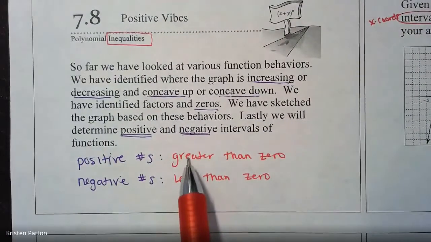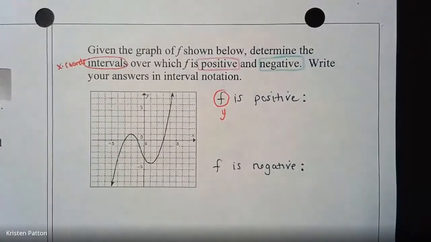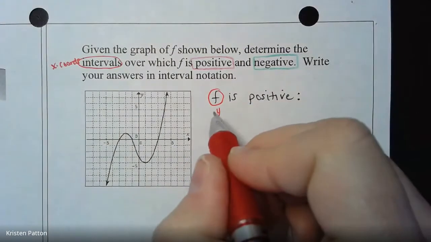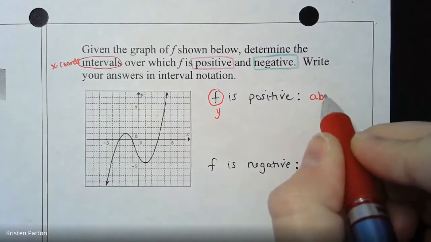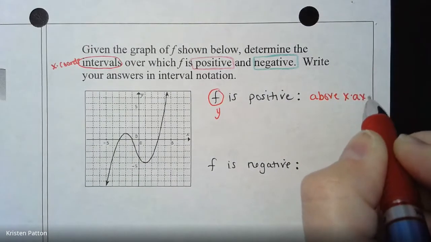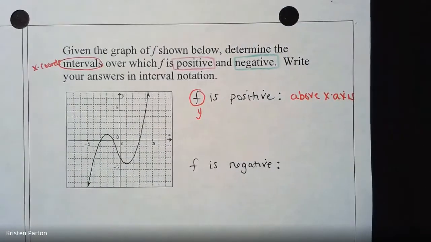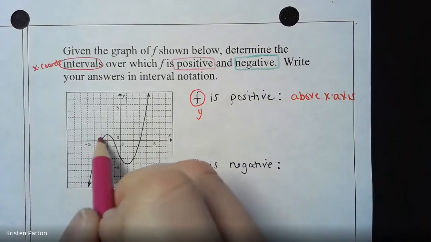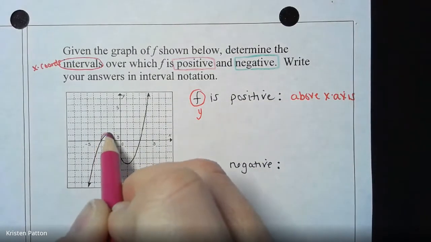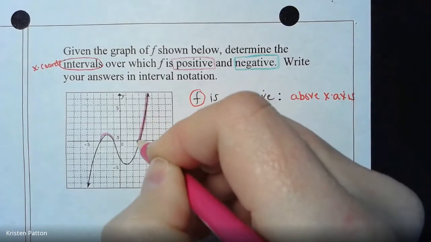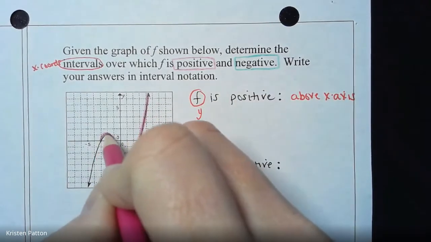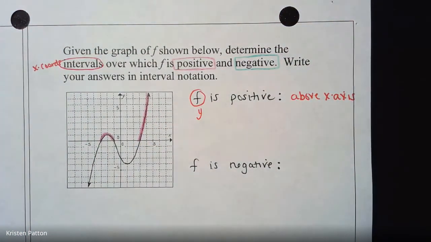Well, we already just said greater than 0. So I want to know where the y is positive, and y values are positive above the x-axis. This is a very fancy way of saying when is your graph above the x-axis. So I'm going to use my pink pencil and just shade on the graph when it is above the x-axis.